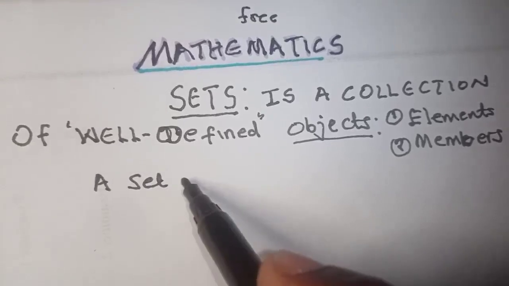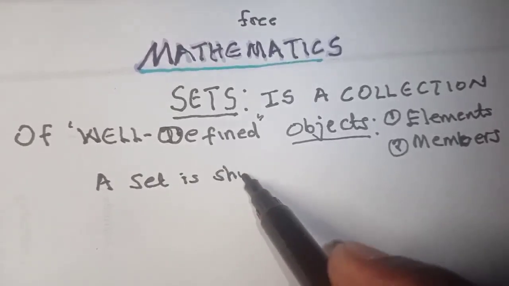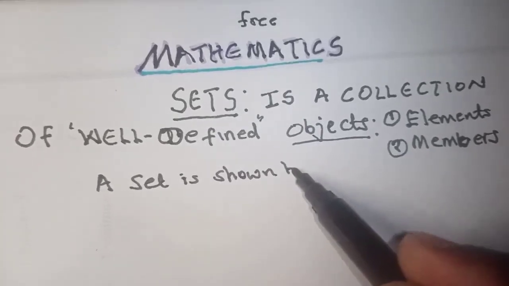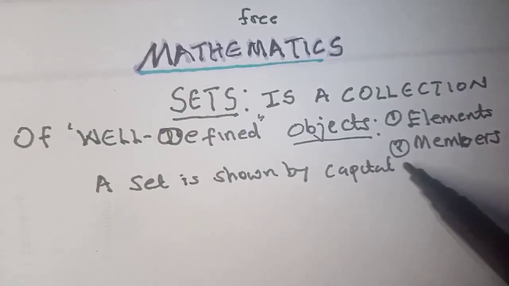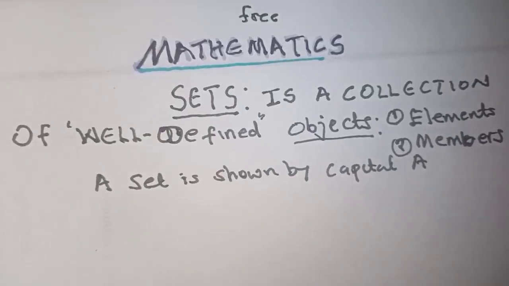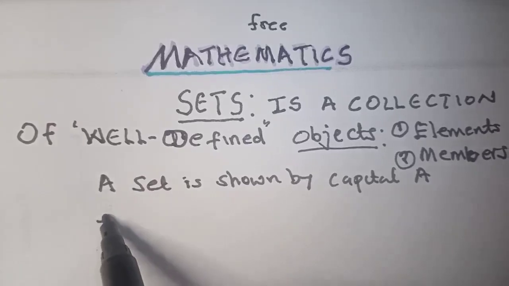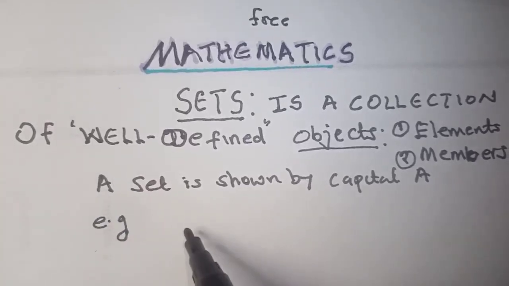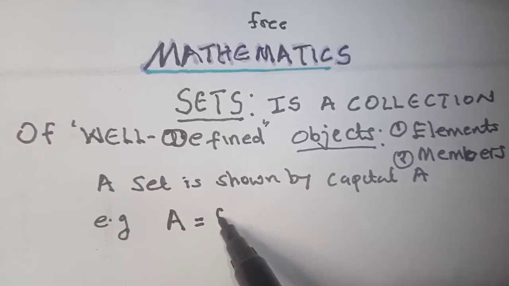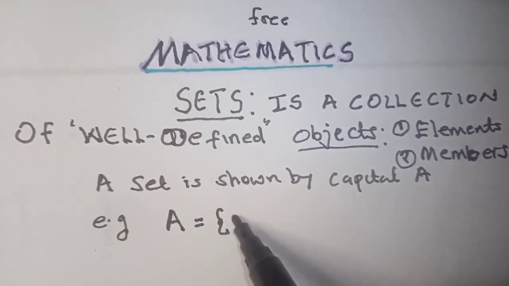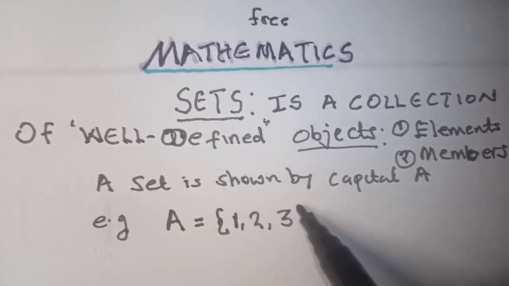A set is denoted, or shown, by a capital letter. For example, set A is equal to {1, 2, 3}.